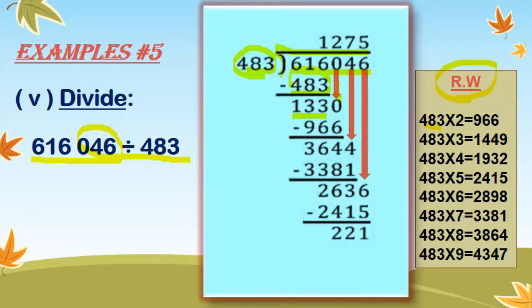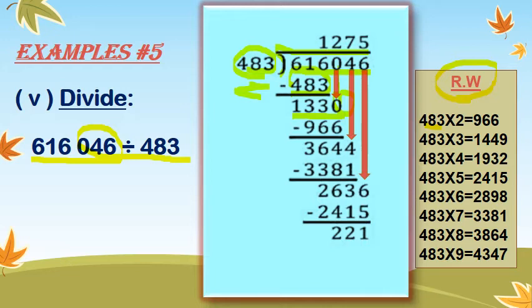Now divide 1330 by 483. Now look at the rougher column. So does 1330 come in 483 times table?